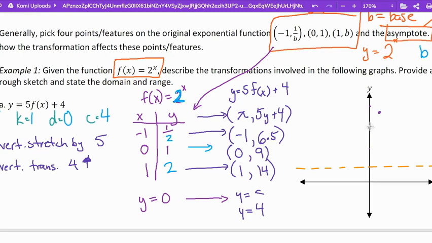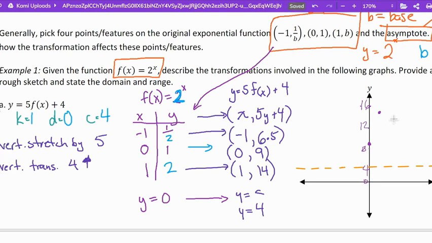At 0, it's going to be about 9. I really estimated. This is 16. This is 12. This dot is 8 because this is 4 and that's 0.